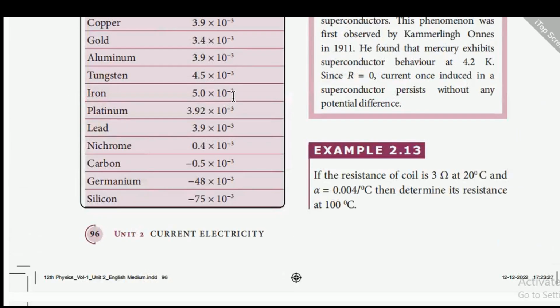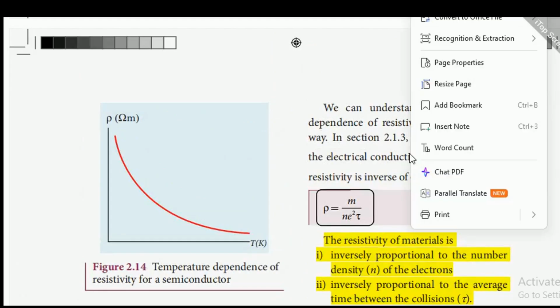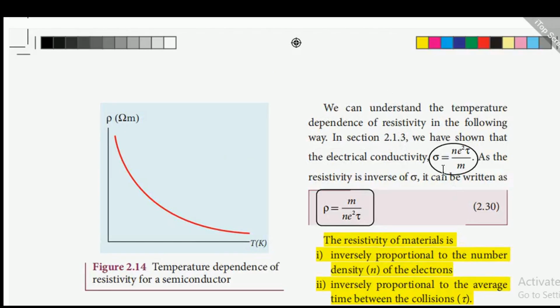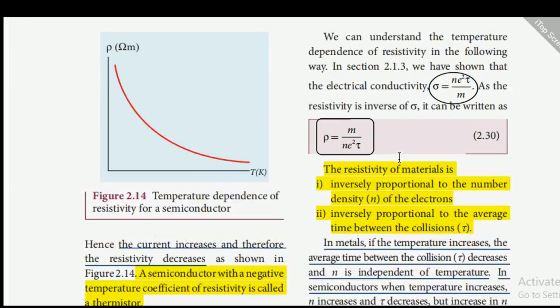And we can understand the temperature dependence of resistivity in the following way. In section 2.1.3, we have shown that the electrical conductivity is given by σ equal to ne²τ by m. As the resistivity is inverse of σ, it can be written as ρ equal to m by ne²τ.